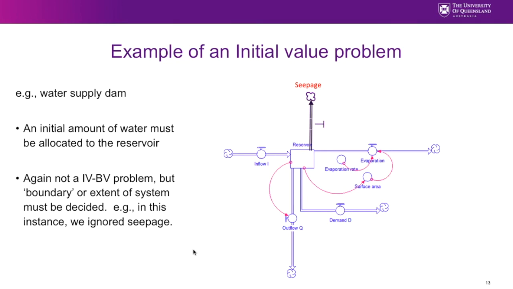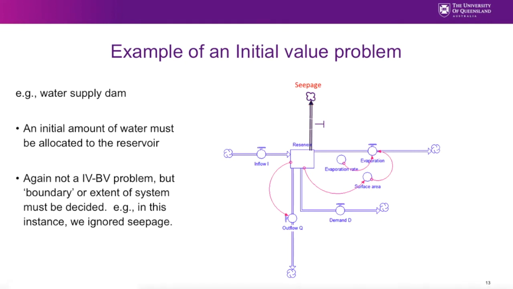So in the example of the reservoir, we discussed before that we had evaporation, demand, and inflow, and then we will say that seepage was not considered on this model, so this is a boundary in our problem, right?